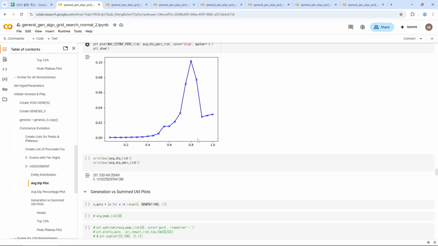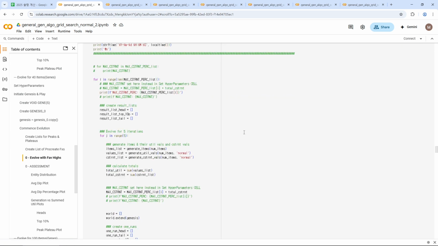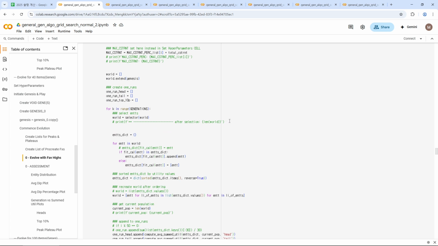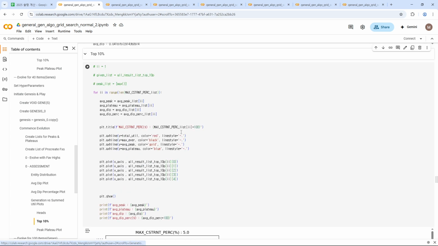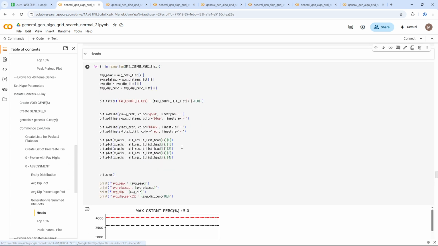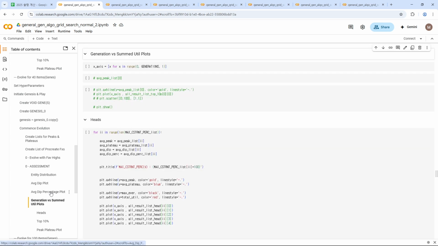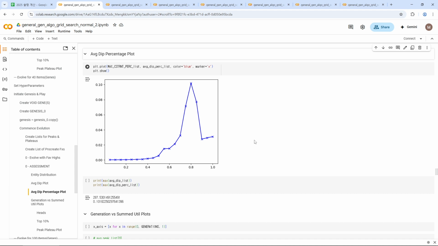Again, this is because of the entire evolution scheme where no procreation happens as the maximum constraint percentage goes up, because no entities are being struck out. I've said that multiple times. However, I still find that very hard to phrase. It's very wordy. It's a mouthful.